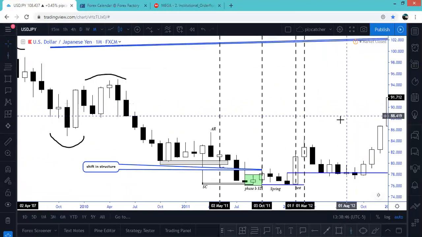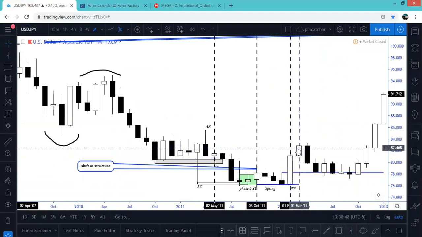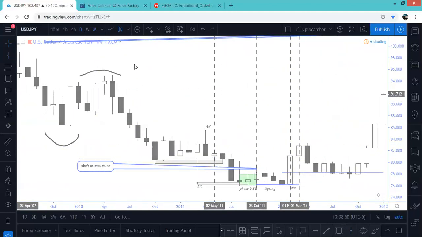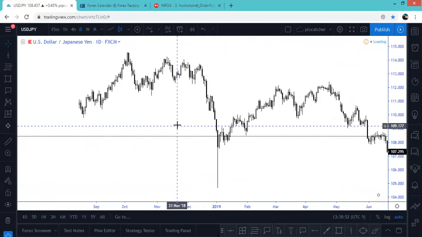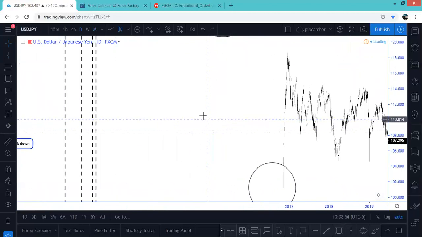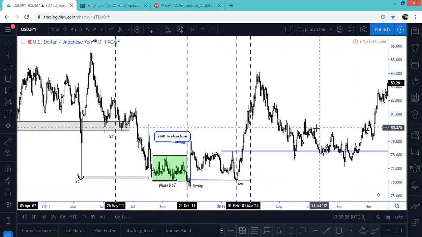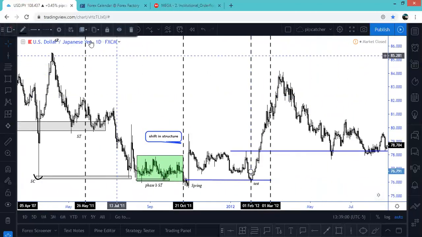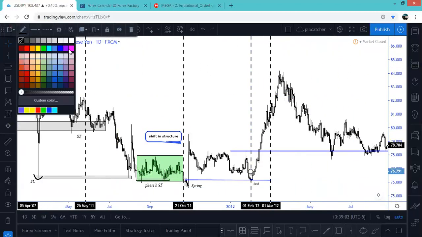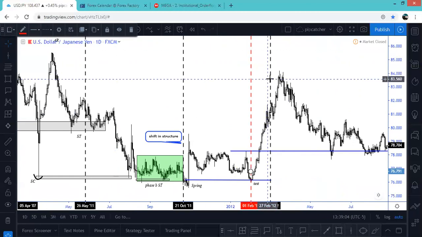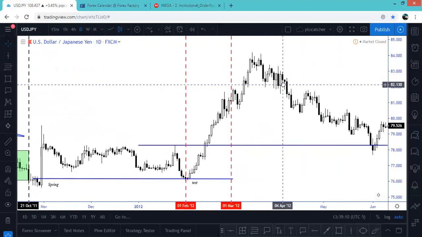Okay, go to start of this month to the end. Okay, we'll go back to the daily and we'll look at what happened in that time period. Right here, we'll go red for this whole monthly area, right?